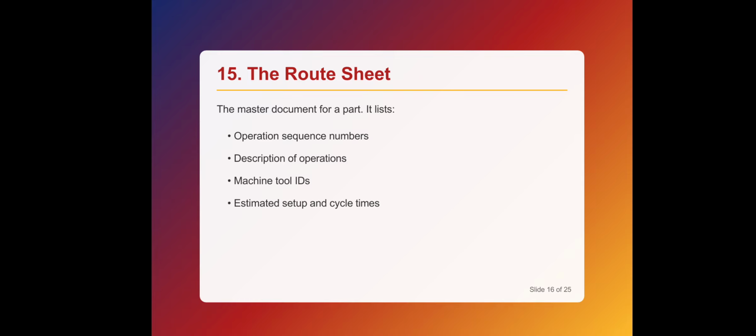The second is to provide a record for future job quoting, cost estimating and standard costing systems. The final one is to act as a vehicle for communication. So these are the three main important reasons for process documentation.